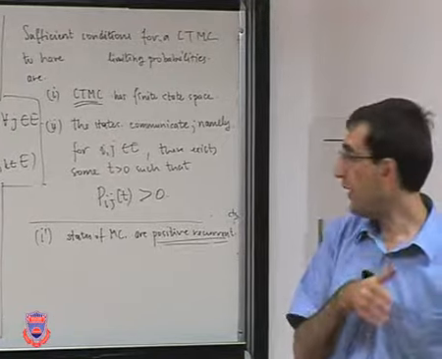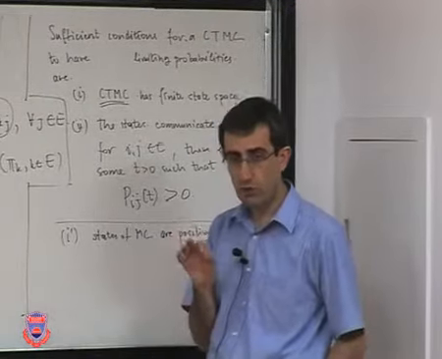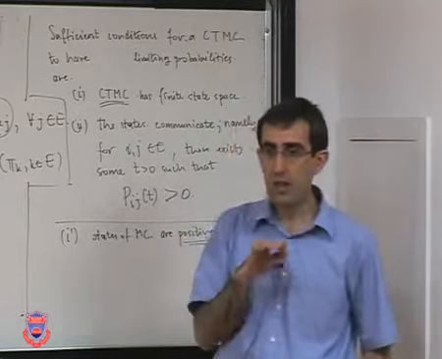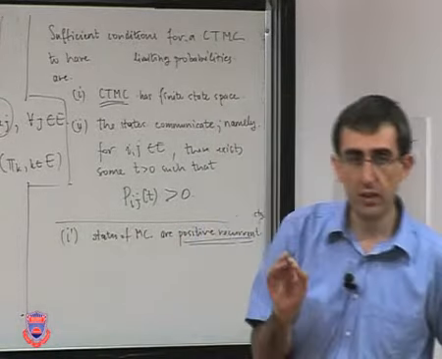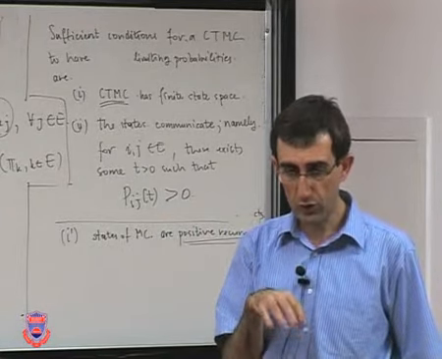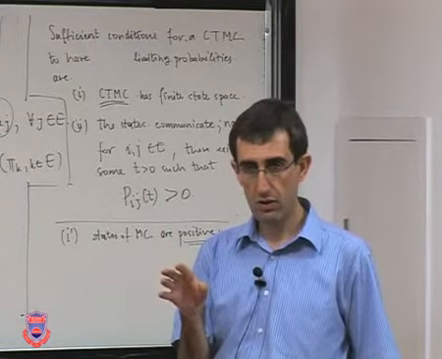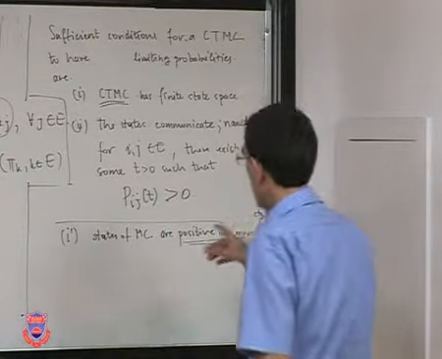Having a random variable which is finite with probability 1 is something. Having a random variable with a finite expectation is something else. There are random variables which are finite almost surely, but still have infinite expectation. We don't want such things.